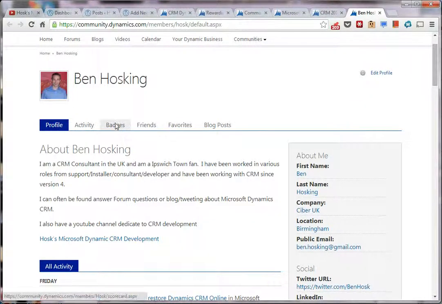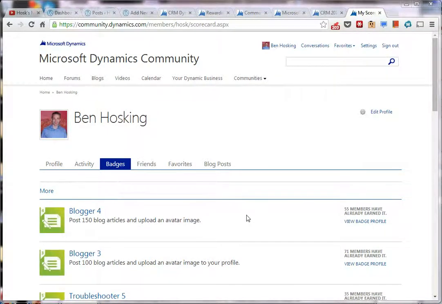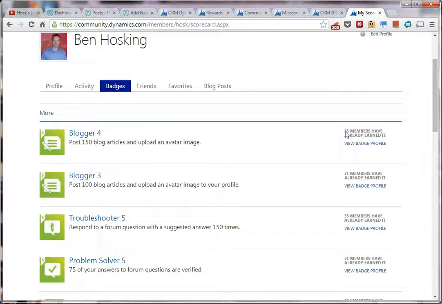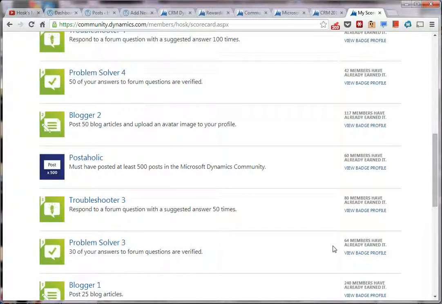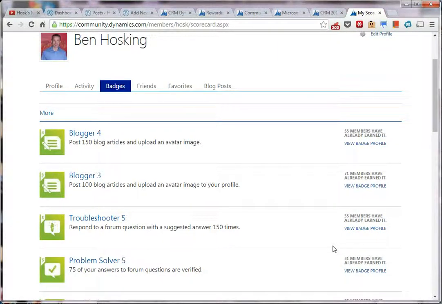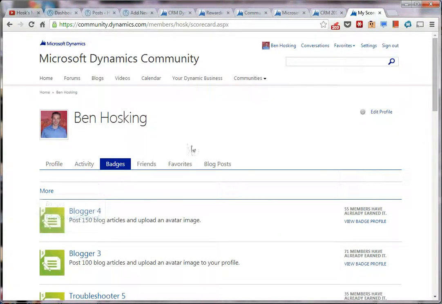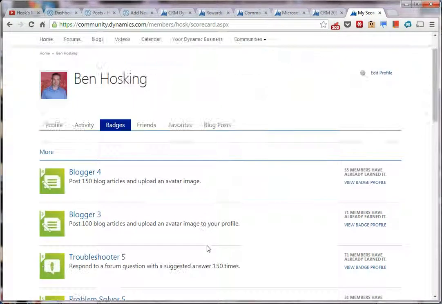you can then go to badges. This will show you the badges that you've got, and it has interesting information, like the number of other members who have this badge. It should be noted that these badges are for all of the Dynamics community, not just CRM.